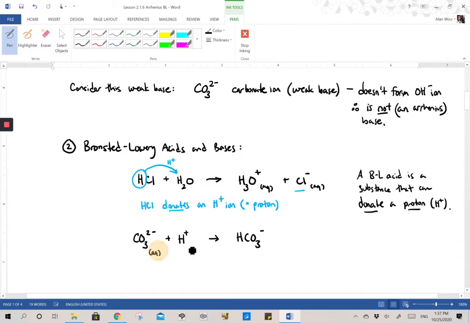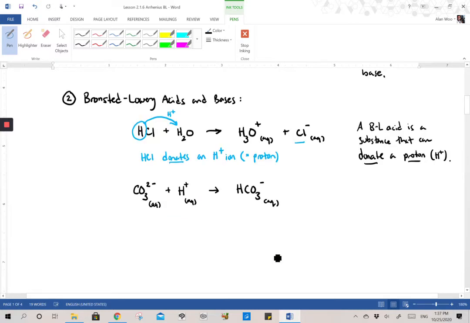So let's put in all the states for all of our ions here. So by this definition, what we see is this H+ ion being accepted by the CO3 2-.